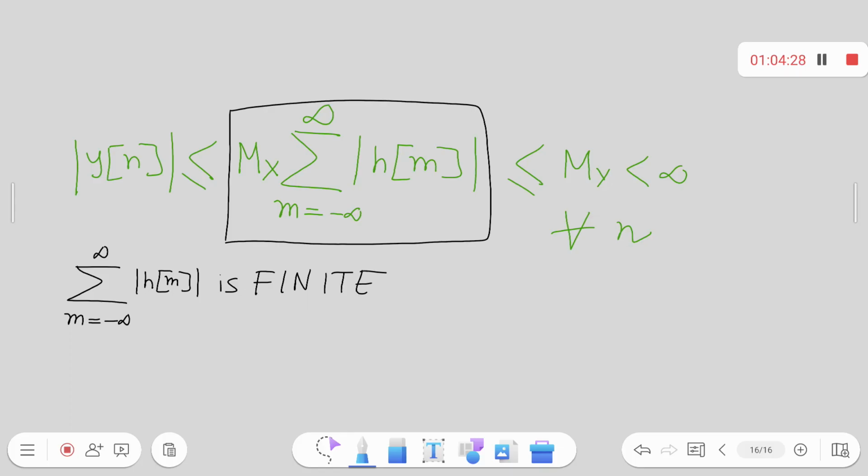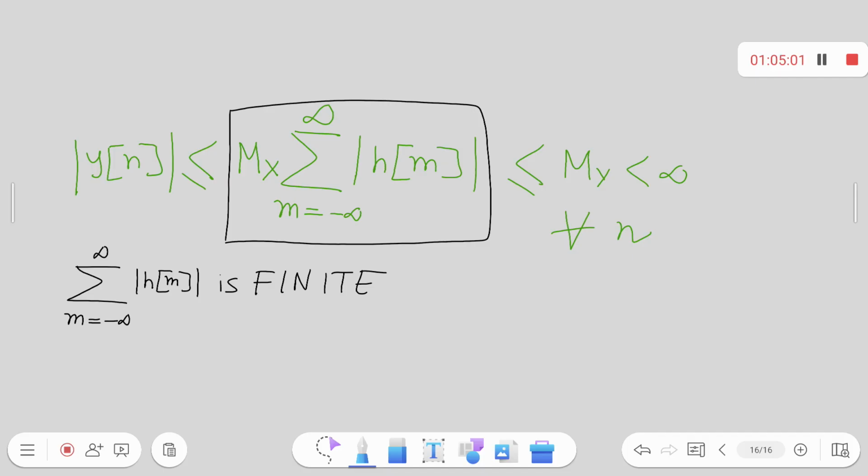One finite quantity multiplied with another finite quantity will give you a finite quantity. Or in other words, if the impulse response h of m is absolutely summable, then I can say that the entire system is Bibo stable. So once again, the Bibo stability criterion can also be judged from the impulse response.